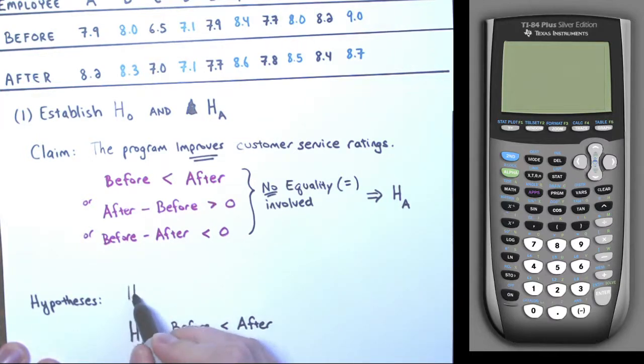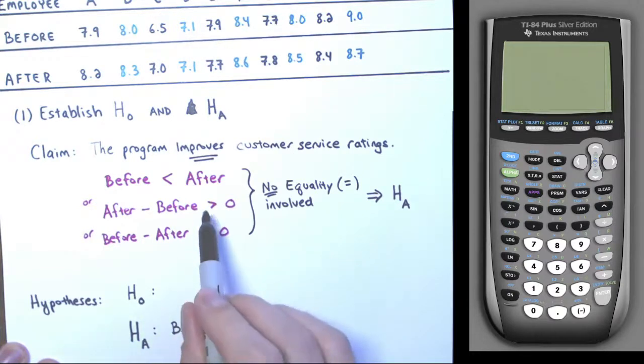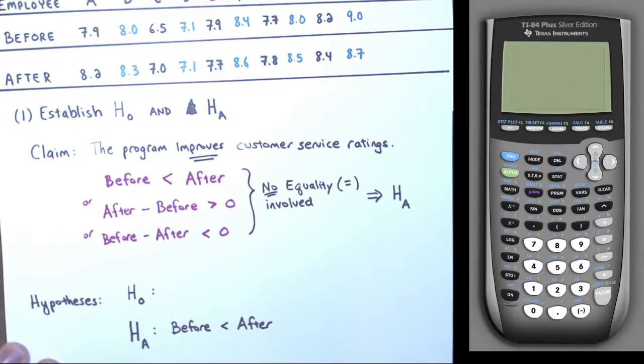All right, then the null hypothesis. The null hypothesis does involve equality and is basically the opposite of the alternate. So if the alternate is the before scores are less than the after scores, or whichever one you wrote, the opposite of less than is greater than or equal to. So the before scores are generally greater than or equal to the after scores.